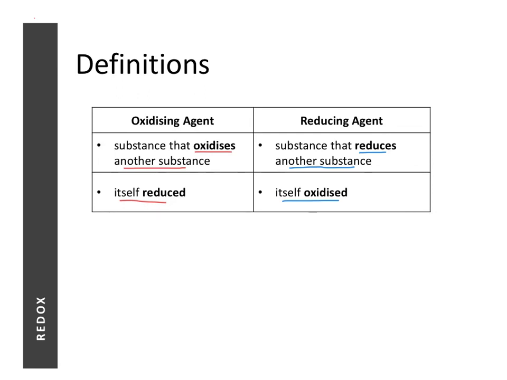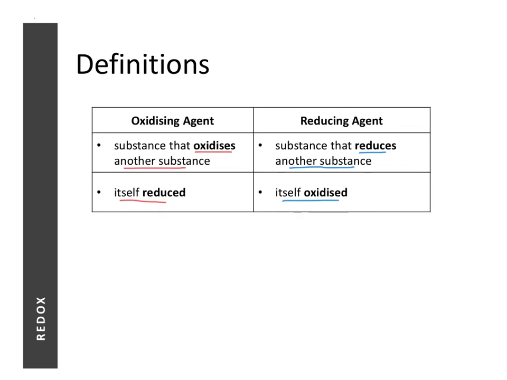So in a reaction, the easiest way to spot the oxidizing agent is to look for the substance that is reduced. And the easiest way to spot a reducing agent is to look for the substance that is oxidized. Bear that in mind. It's very, very important before all the other definitions come in and cause you confusion.